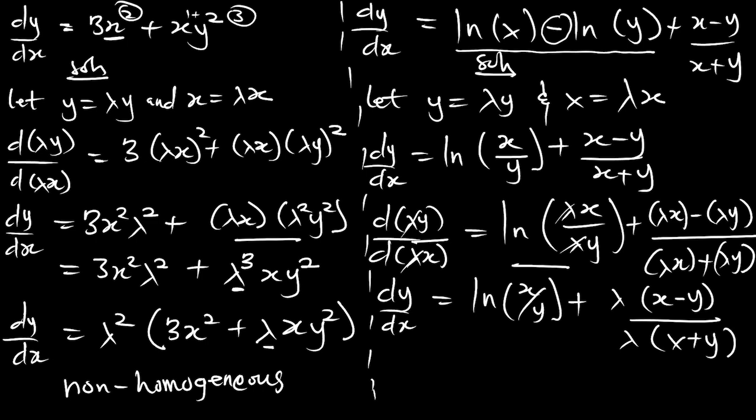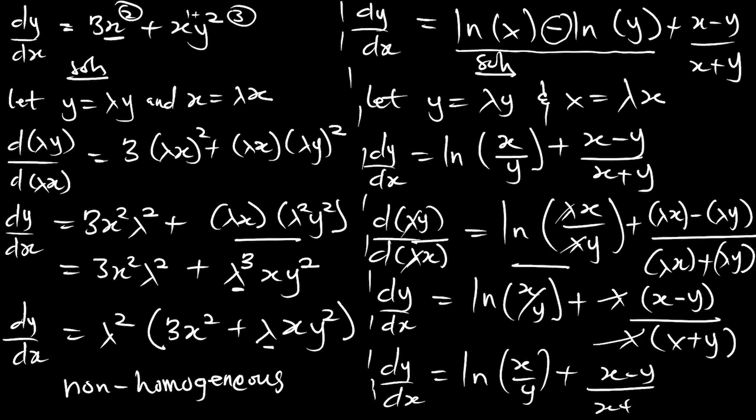So they can also cancel out from here. So at the end of the day, we are getting the original equation back as the natural log of x on y plus x minus y on x plus y, meaning this equation is what? Homogeneous. Are we okay? All right. So this is a simple approach to test for homogeneity of an equation. Are we okay? Let's solve the last example.